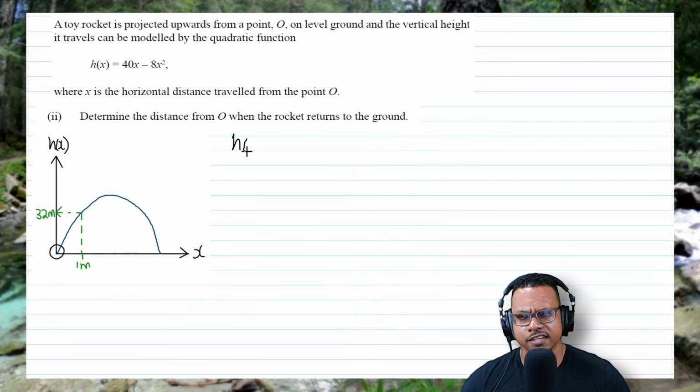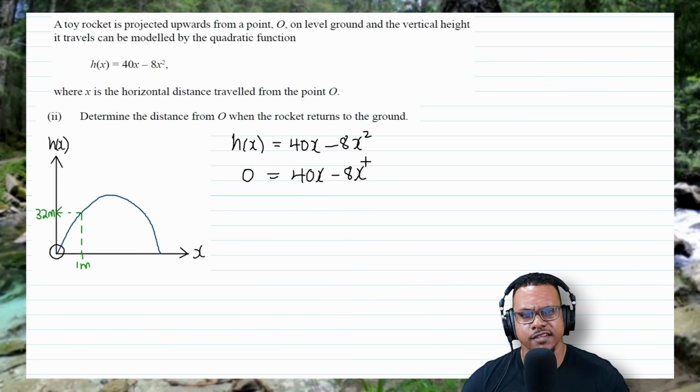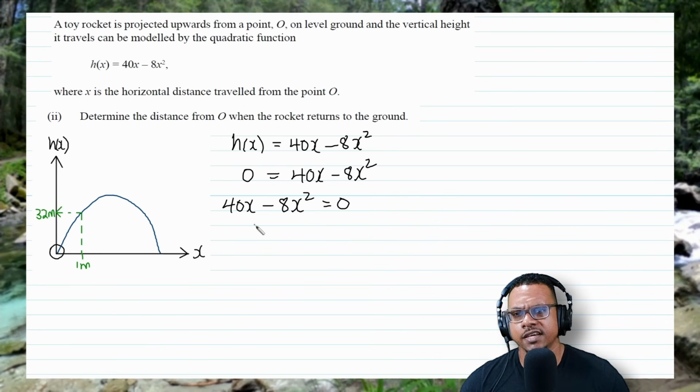So I write h(x) = 40x - 8x². Now putting h(x) equal to 0, that'll be 0 = 40x - 8x². If you don't feel comfortable working like this, there's no problem writing it the other way around, which is 40x - 8x² = 0. What I will do here is factorize.